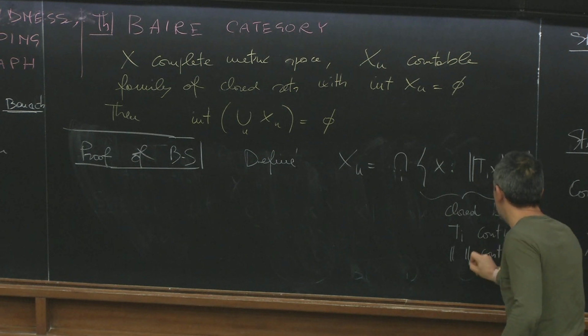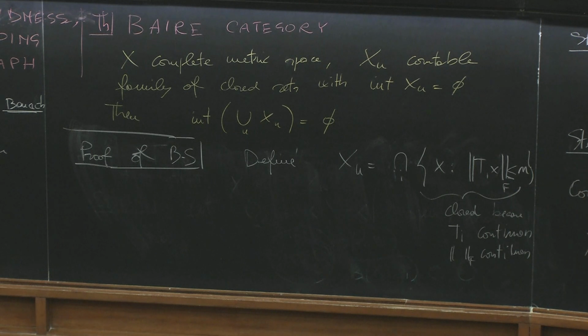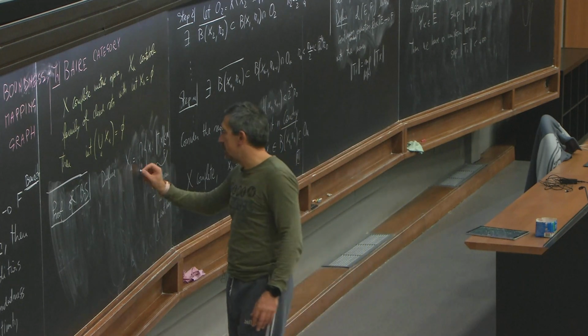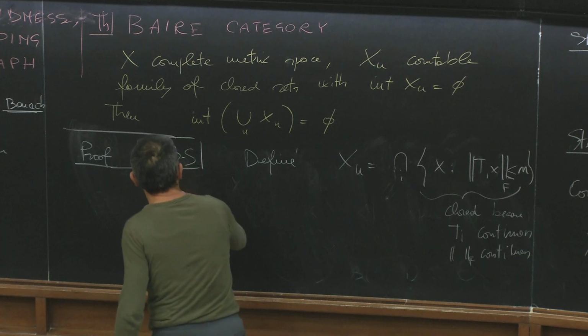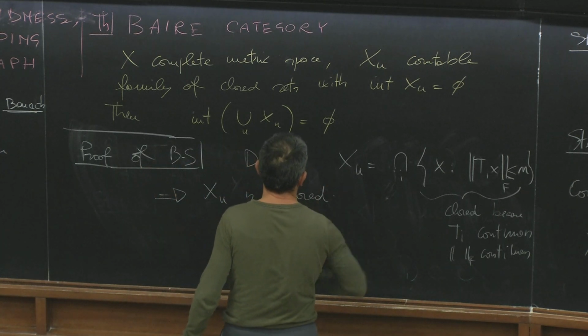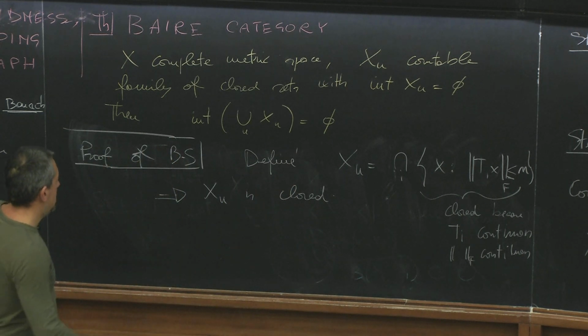Norm of f is continuous on f. Okay, so it is the inverse with respect to a continuous function of a closed set. It's closed. And now the intersection, so I deduce X_n is closed.